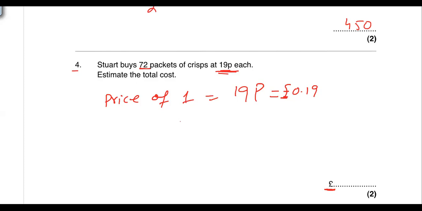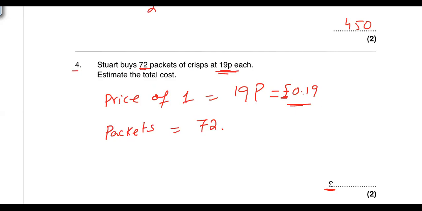Now, I converted this first to 0.19 pound. Stout buys 72 packets of crisps at 19 pence each. Now, the number of packets is 72. For such a case, we have to use our common sense as well.